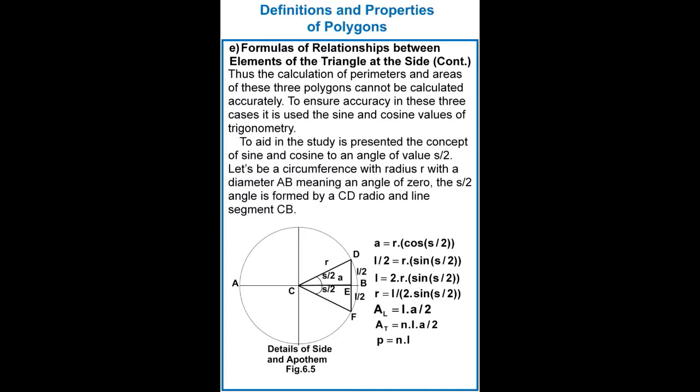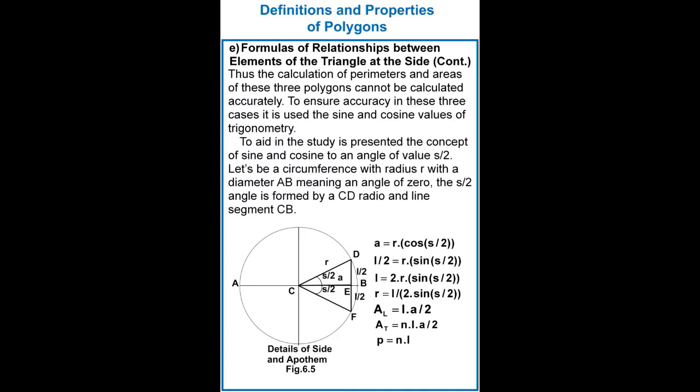The figure shows the side triangle of a polygon that has by side the straight line segment DF. The center angle has the value S. To define the concept of sine and cosine, the straight line segment CE, the straight line segment DE, and the radius R are used.